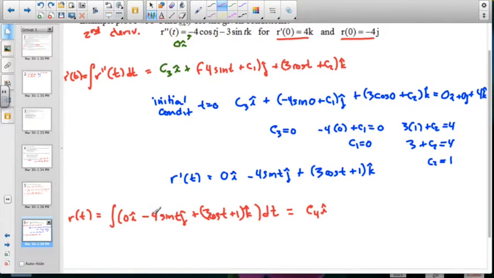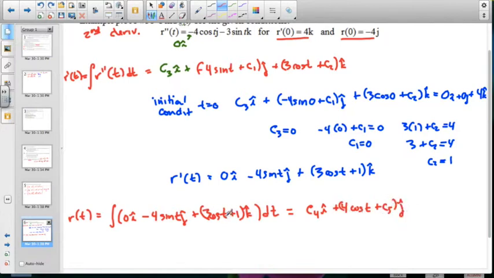Integrating the j component, integrating sine t gets us opposite cosine, so if we have a negative cosine, then we have plus 4 cosine t plus a possible C5 for the j component.